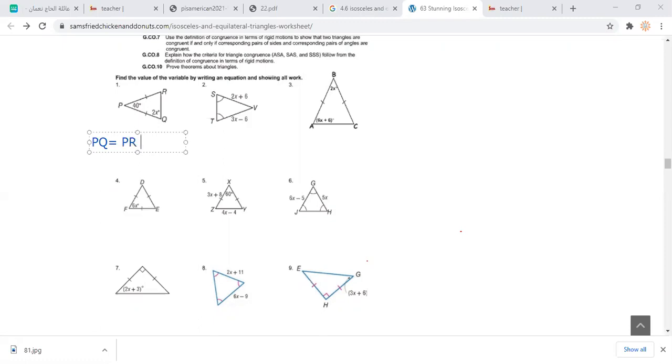Thank you so much. Then once we have two sides equal, you make BR equal PQ. Then measure of which two angles will be equal now?